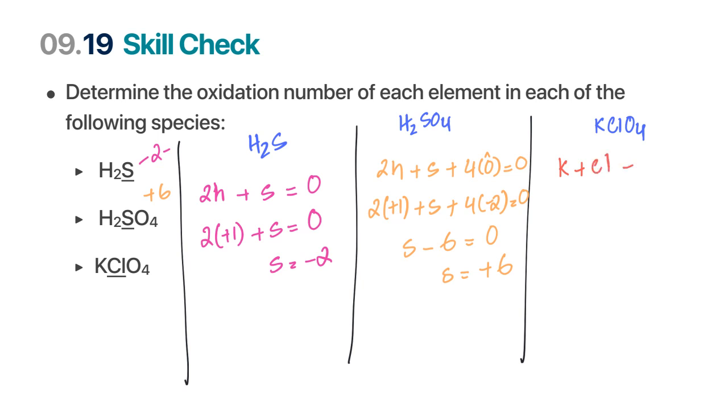Cl, I guess. Plus, again, 4 times oxygen with a hat because it's fancy. +1 plus my unknown. I don't like Cl right now, so I'll just call it X, right? Excuse my quick change of character here. 4 times -2 is equal to 0.